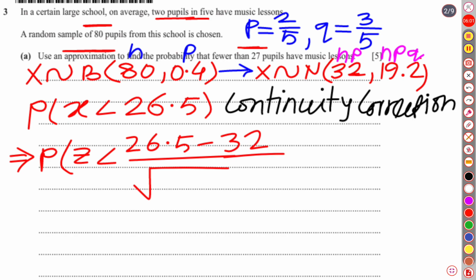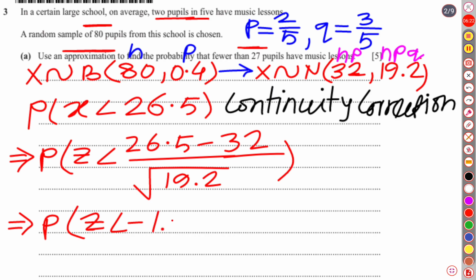Variance is 19.2, so it is the square root of 19.2. Well, then if we simplify this, our z score is less than negative 1.255, because the negative term is larger.